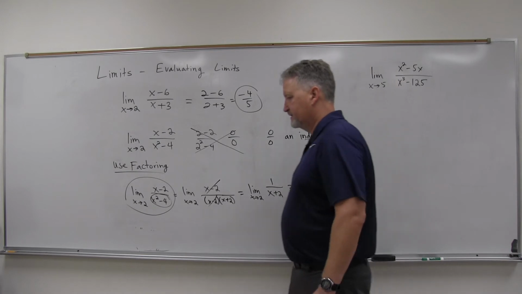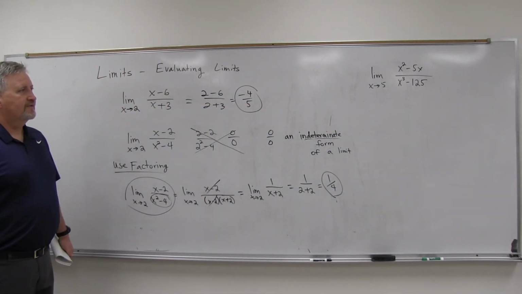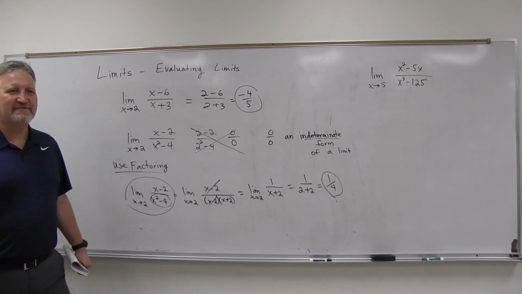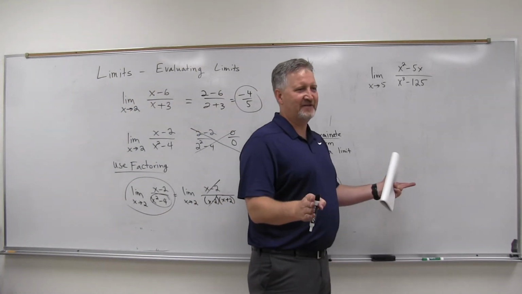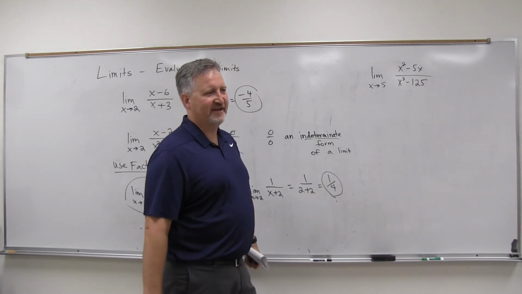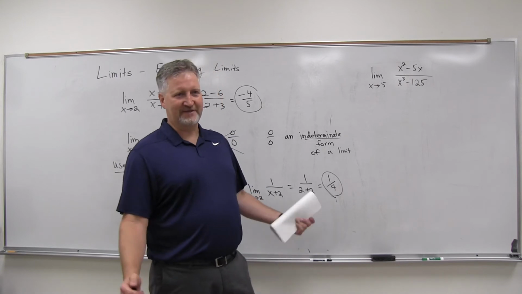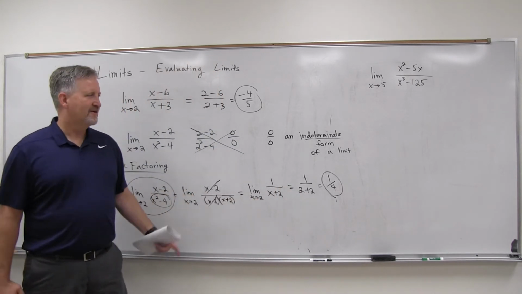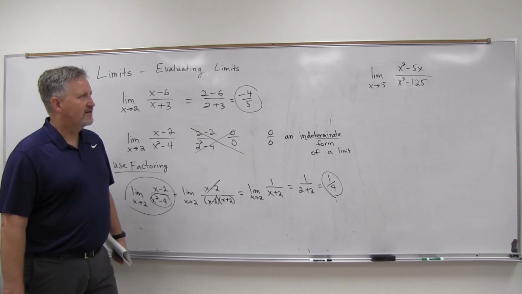Well, guess what? We plug in the 5, what do we get? 0 over 0. That's going to come up a lot. You can always check it, but more often than not on our problems, that's what's going to happen. We get 0 over 0, which is an indeterminate form. You can't divide by 0, so we have to look at it.